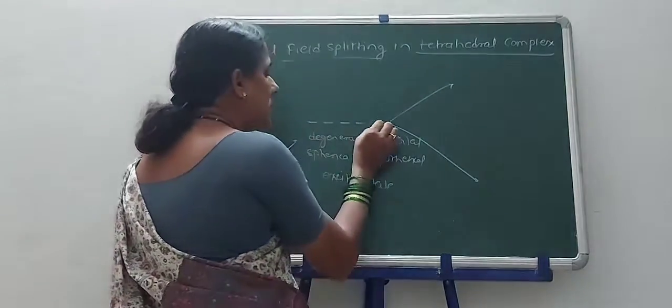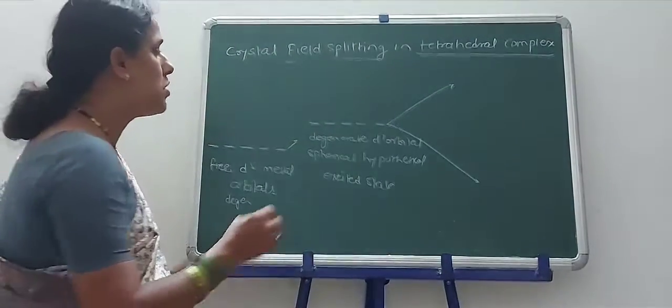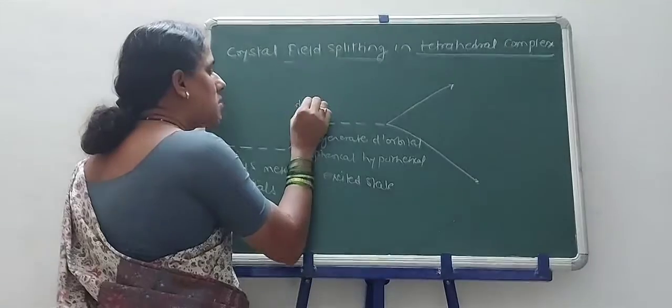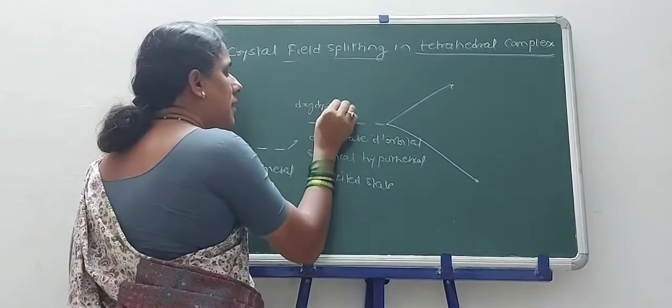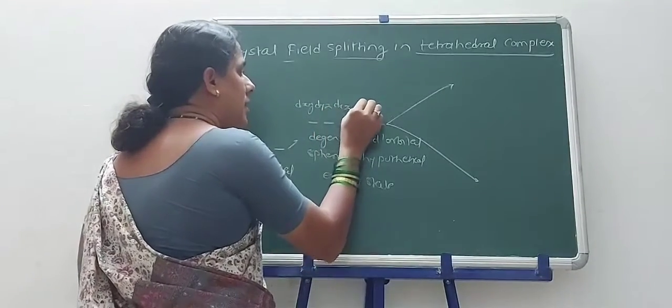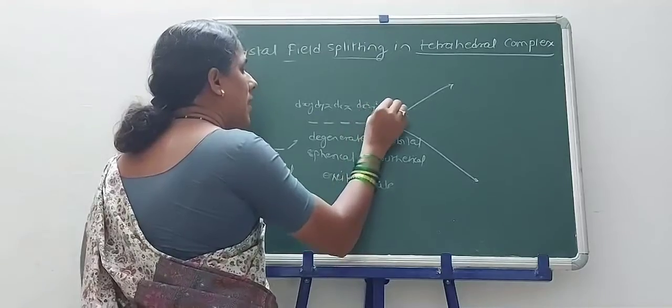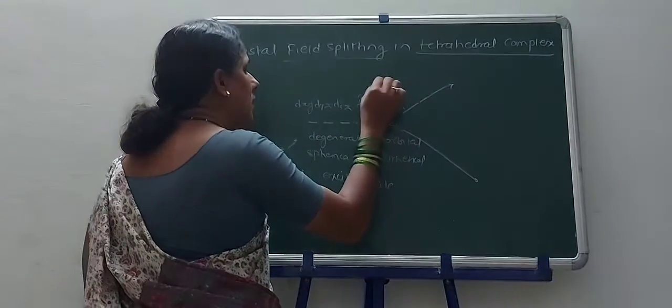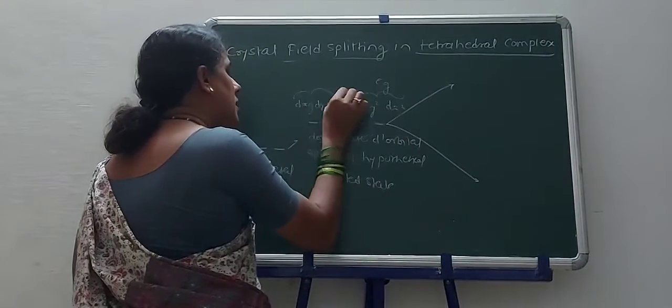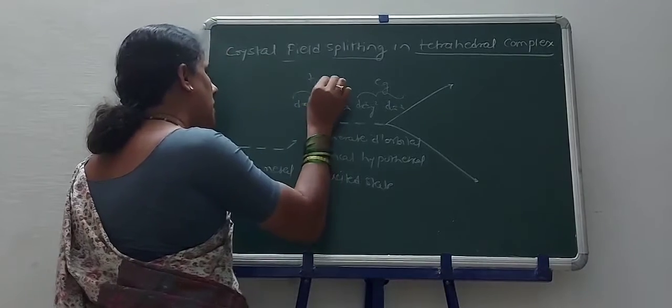Therefore, out of these d5 orbitals, named dxy, dyz, dxz, dx square minus y square and dz square, these two are called Eg orbitals and these three are called T2g orbitals.